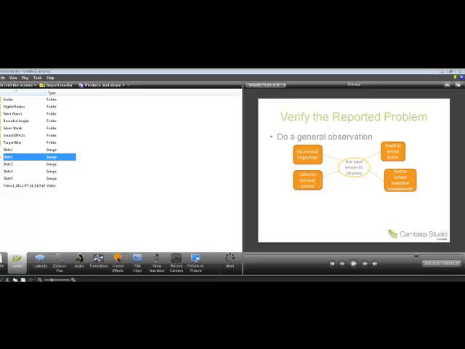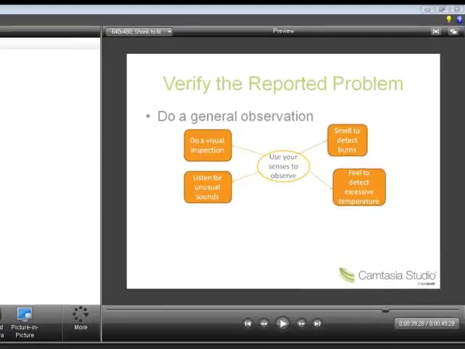This can be done by doing a general observation, using your senses to first smell to detect any unusual scents, then you touch to determine if there is excessive heat dissipating at any point, or you listen for unusual sounds such as cracking, or you can do a visual inspection to see if the equipment is plugged in, or the breaker is turned off, or the equipment itself is turned off.